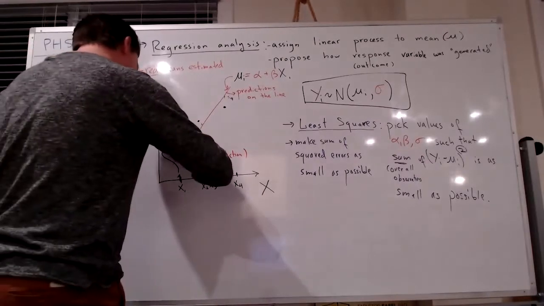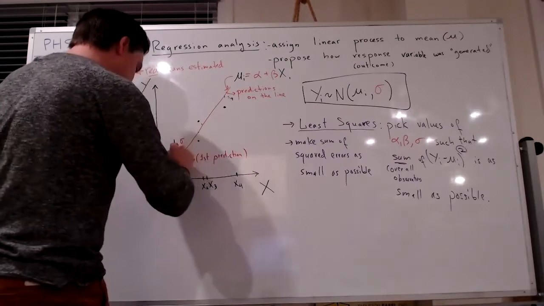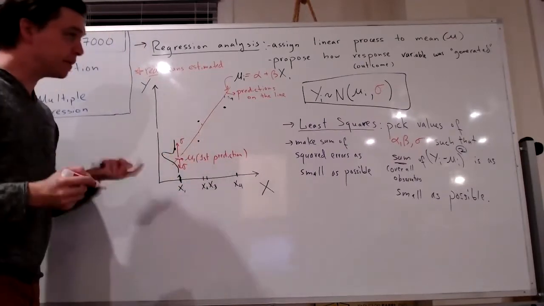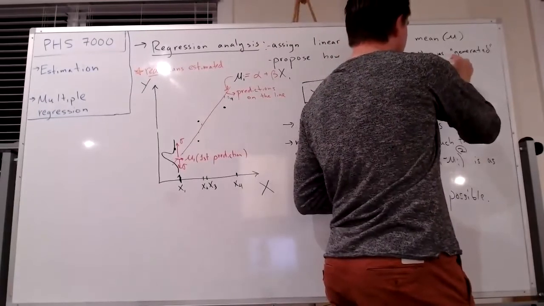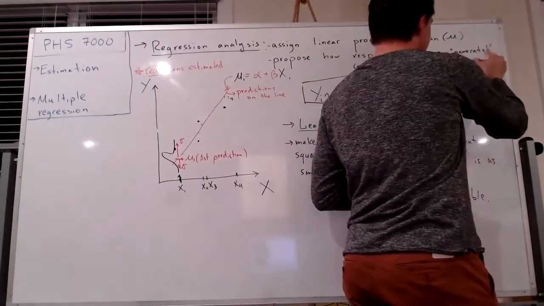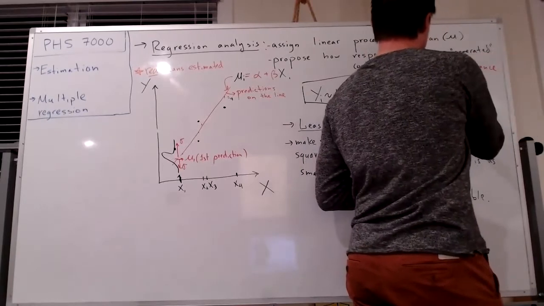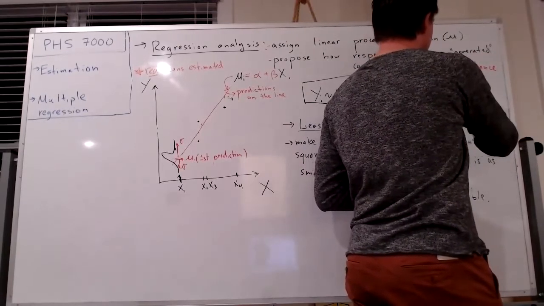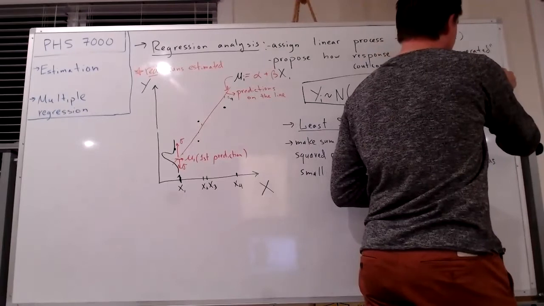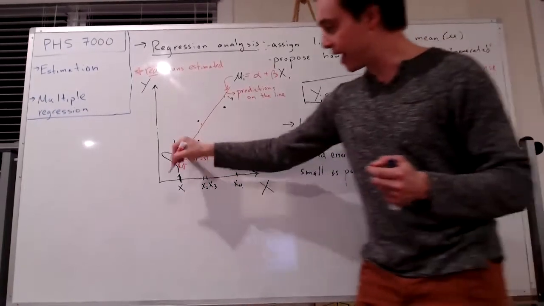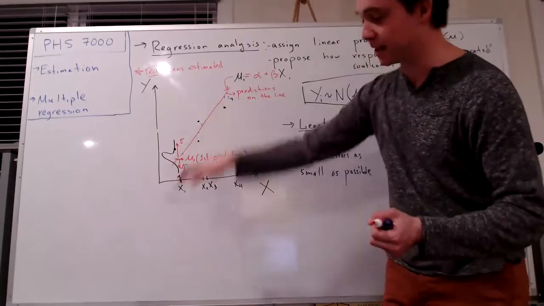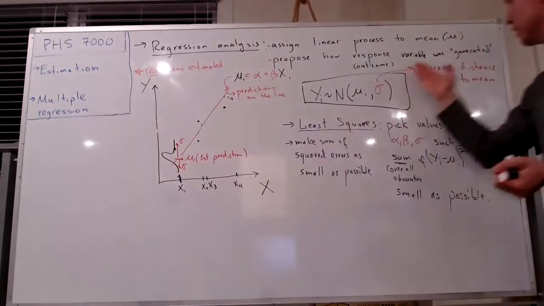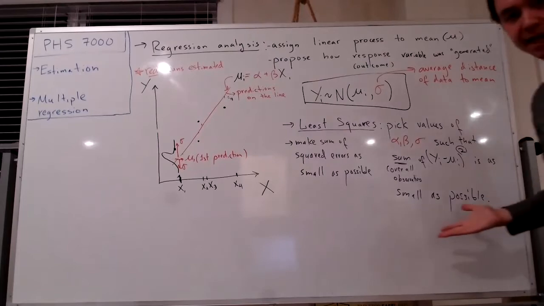By the way, the standard deviation is sigma. Remember, sigma is just the average distance of data to the mean. So in our case, we want it to be as small as possible. We want this best fit line to be closest on average to the data.